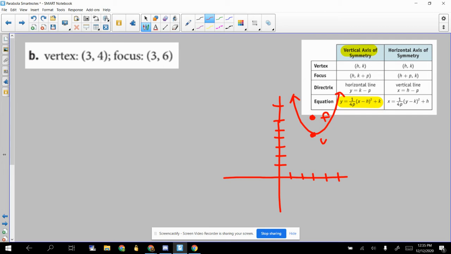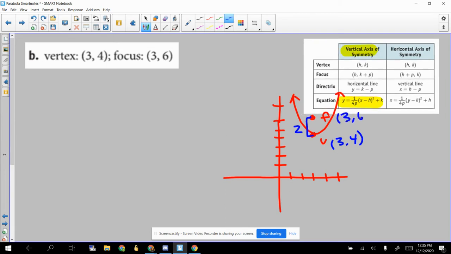Remember, we talked about what this p value does. The p is the distance from the vertex to the focus, or the vertex to the directrix. In this case, we only have the distance from the vertex to the focus, and we know that is 2 away, because it goes from (3, 4) at the vertex to (3, 6) at the focus.